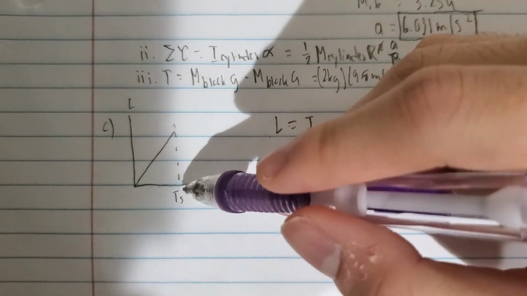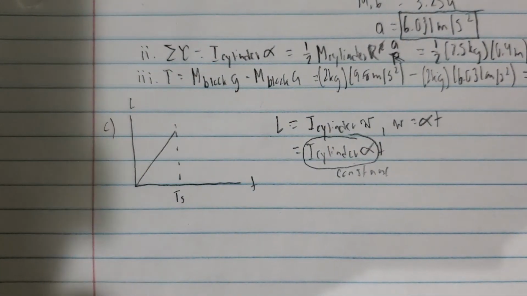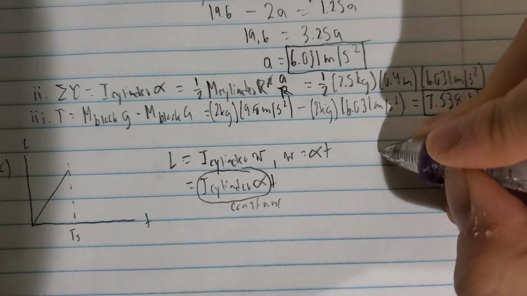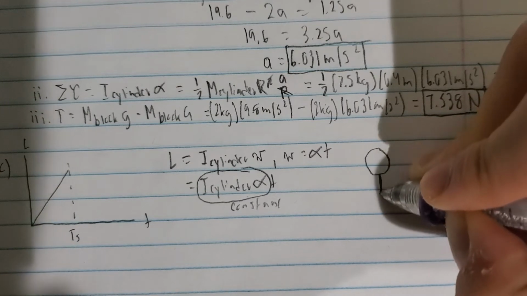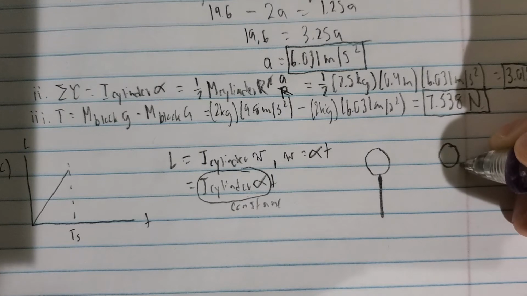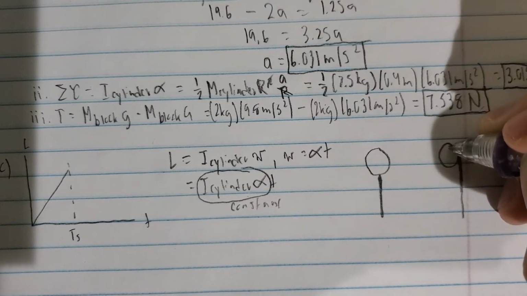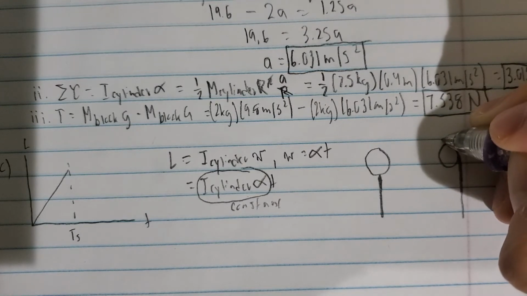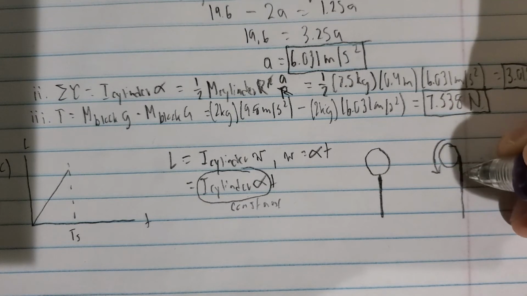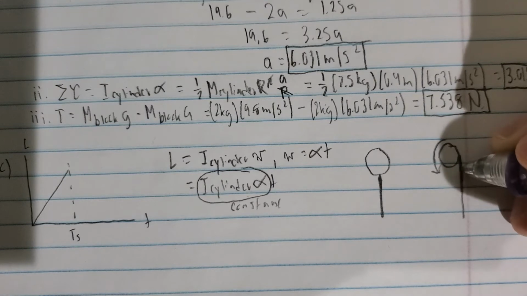Now, after the string has completely unwound, it will wind back up, and now this is what it's going to look like. So the string will be right here when it's completely unwound, but then once it winds back up, it's going to be something like this, and the cylinder is going to still rotate this way, but then the force of the tension is going to generate a torque that is opposing it.